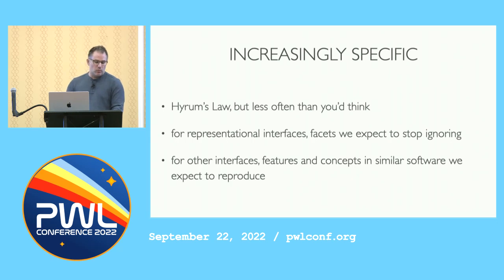One of them is what is typically referred to as Hyrum's law, which is if you have an interface and people are using it, they will begin to rely on properties of that implementation, whether or not it is part of the contract offered by that interface. The general consequence is that we don't want to break our users' code, so this thing that was an incidental implementation detail becomes an essential quality of our code. But I don't think that this is actually the major driver.